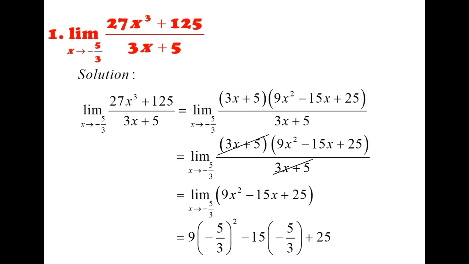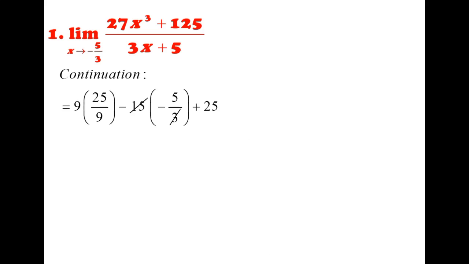We have 9 times the quantity negative 5/3 squared minus 15 times the quantity negative 5/3 plus 25. So we have 9 times the square of negative 5/3, which is 25 over 9, minus 15 times the quantity negative 5 thirds plus 25. So we have now cancelled the negative 15 and 3.